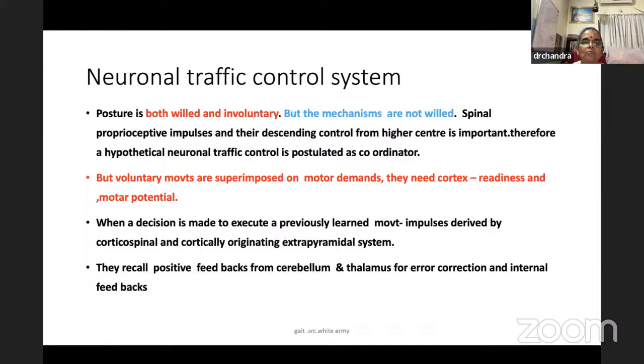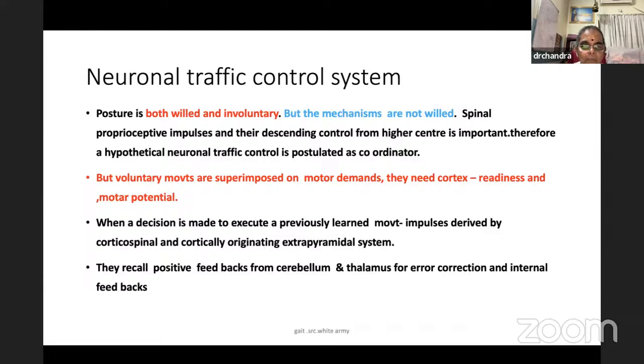But voluntary movements are superimposed on motor demands and they need the cortex. All this is happening for an anticipated normal activity. When there is an unanticipated activity superimposed, we need the cortex to plan and decide the best direction to move when there is an unanticipated movement.